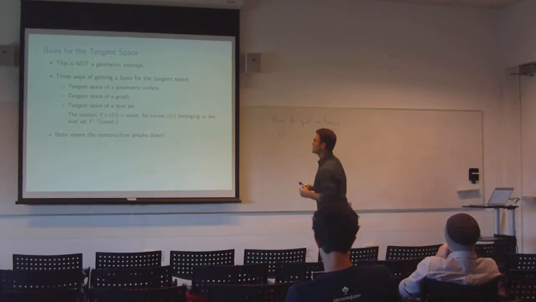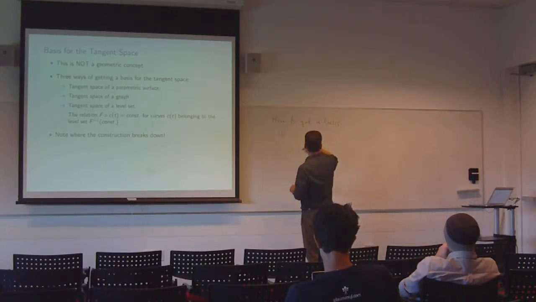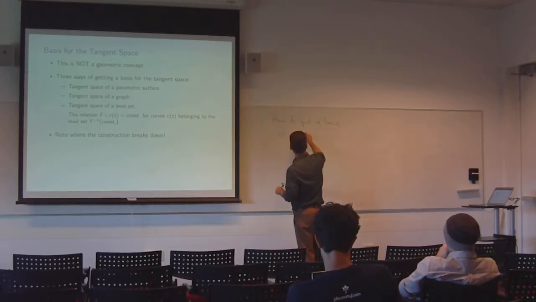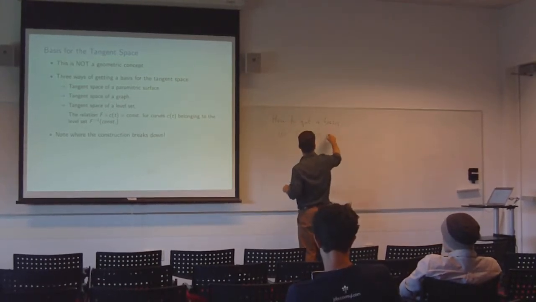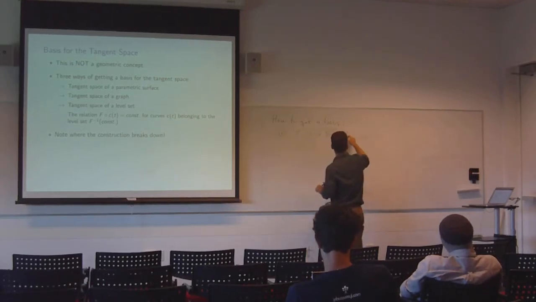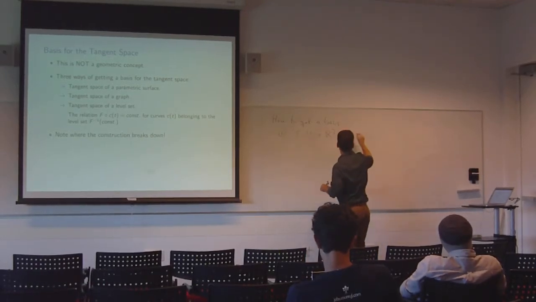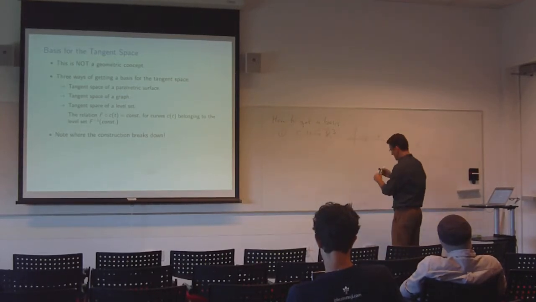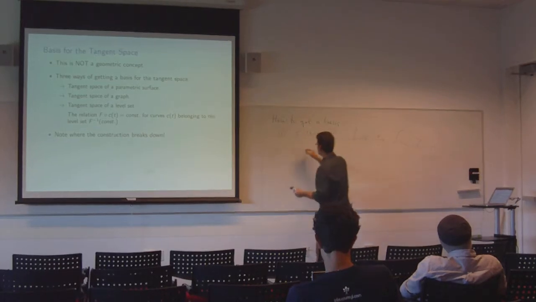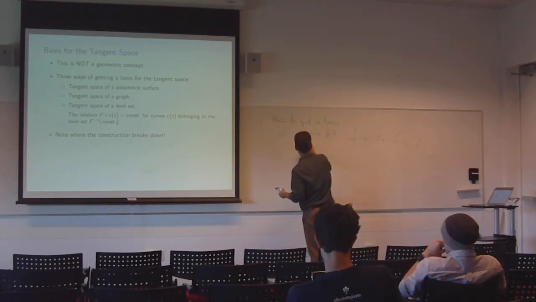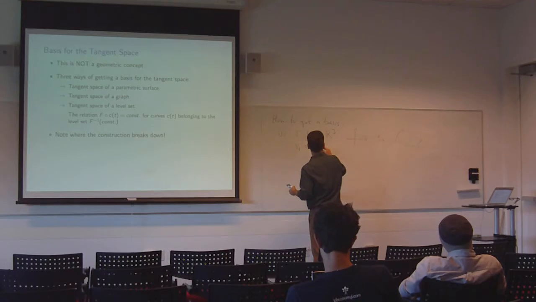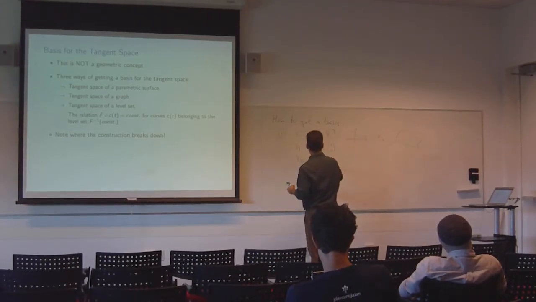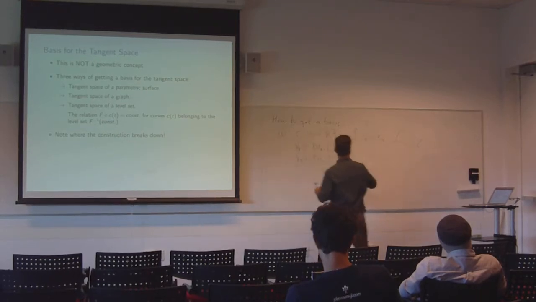So let's say two ways. How do I get a basis? Suppose we have a parameterization from U going into R3 that gives the surface. Okay, so standard picture. And what you do is you say V1 is equal to d sigma at U acting on (1, 0), and V2 equals d sigma at U acting on (0, 1).